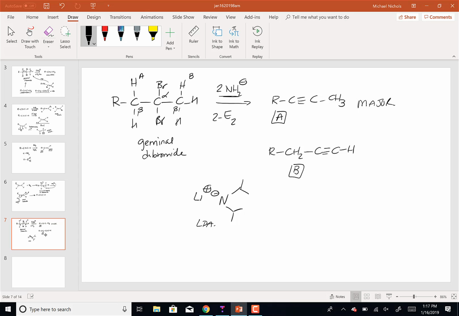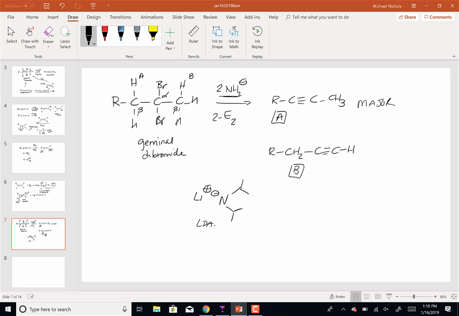So we can take our usual approach: if we want to only remove hydrogens that are less sterically hindered, we make the reagent sterically hindered. But we're just going to use NH2 minus. Okay.